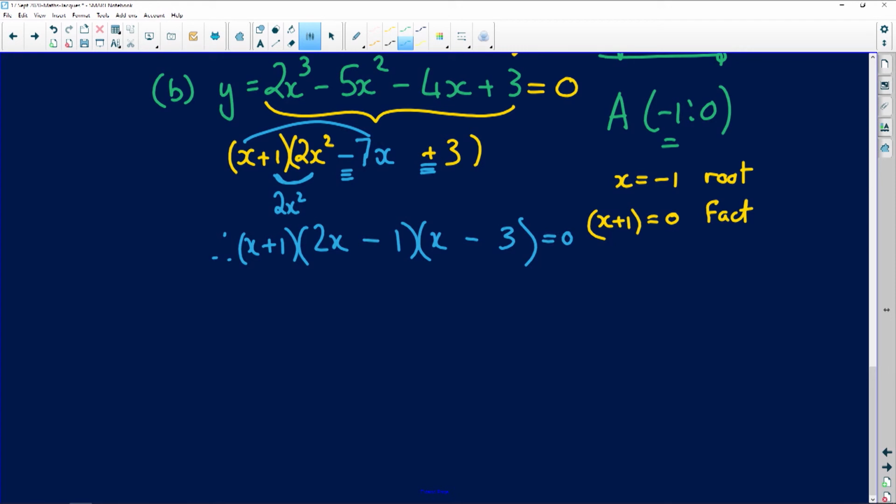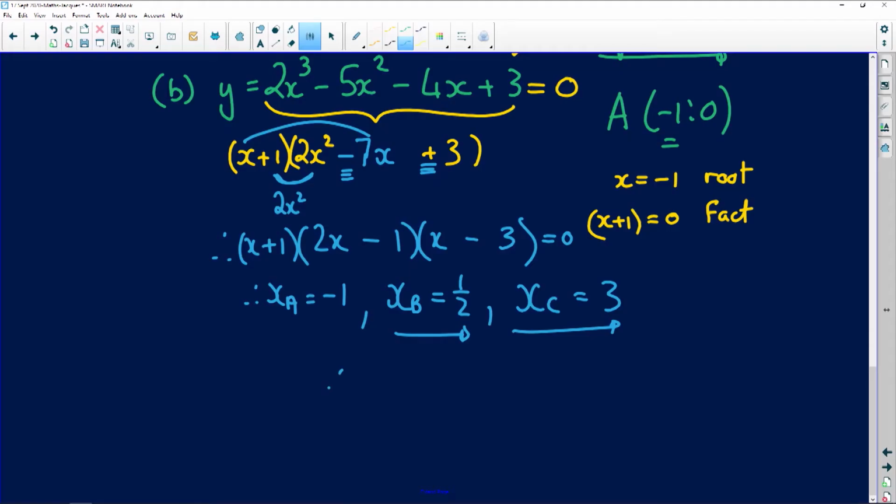So then we can say the x value of A was minus 1. The x value of point B comes from this bracket, so it's positive 1 divided by 2. And then the x value for point C will be this value of 3. And these were the two that they were asking us to find.